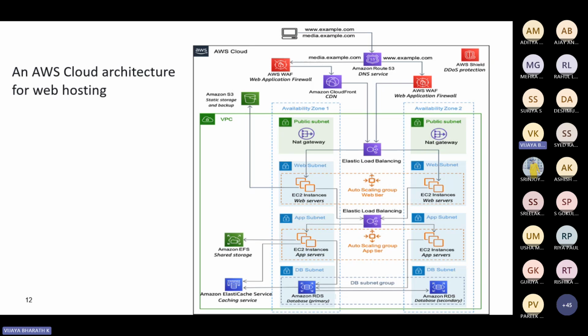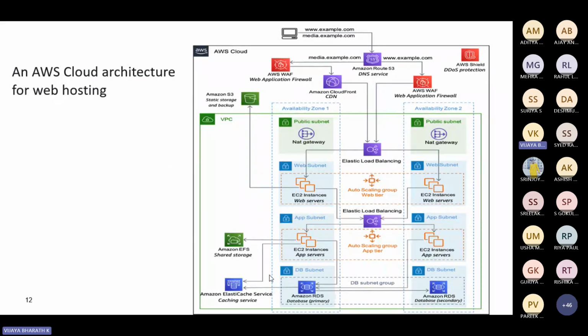On top of that, you have web servers, which will be front-ending the users from various entries, right? Here you could see the same architecture is replicated in two places, one primary and one secondary. You have one at availability zone 1 and the other at availability zone 2.